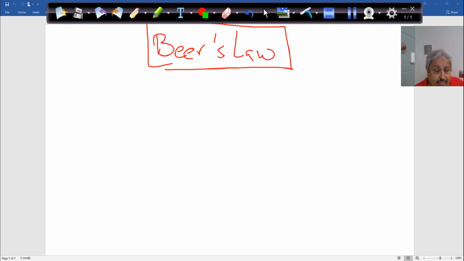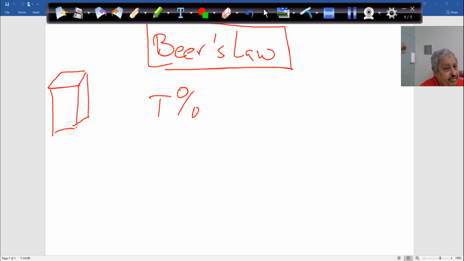So Beer's law, if you look at this, concerns the transmittance of a light, correct? If I have a cell here, the light will come in, say 100%.